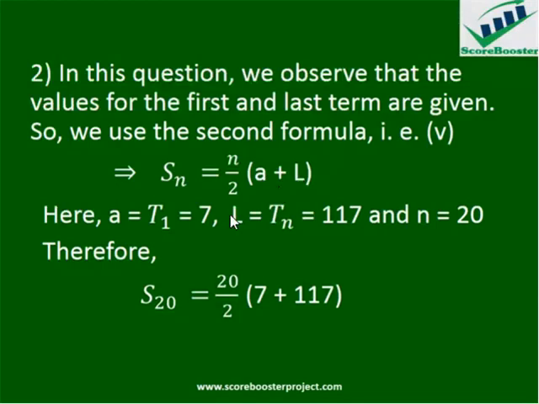N is 20, S20 will be equal to 20 divided by 2 multiplied by 7 plus 117.